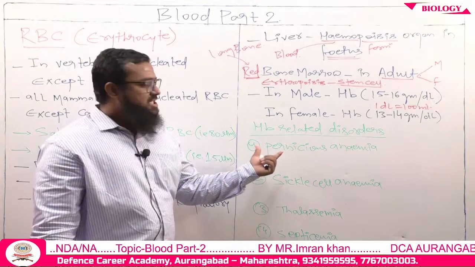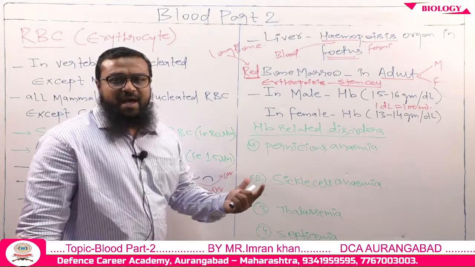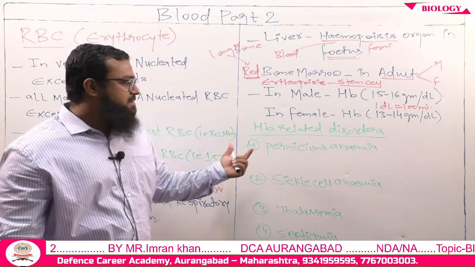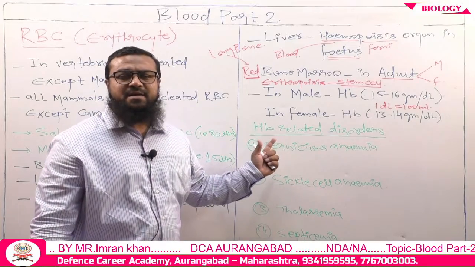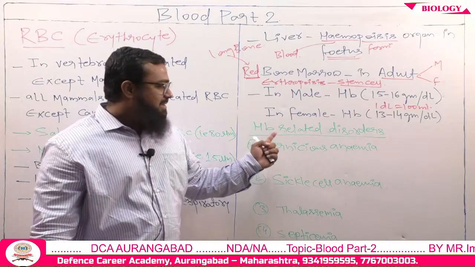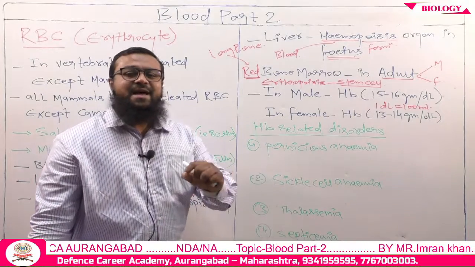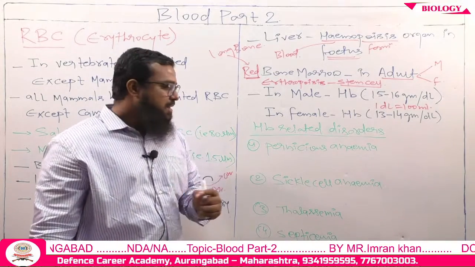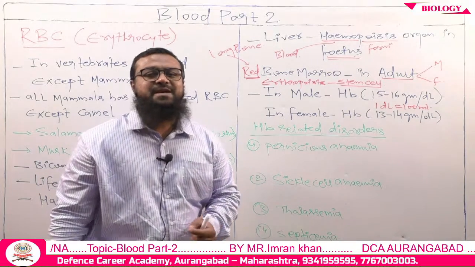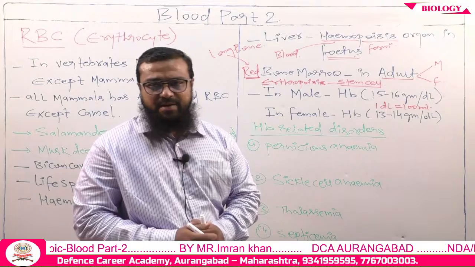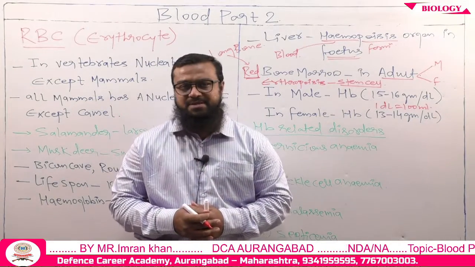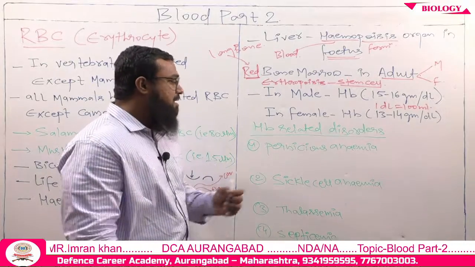Now, HB related disorders. As we all know, the RBC is having integral respiratory conjugate protein HB. So if HB decreases, or if HB is having any type of disorder or deficiency, it will directly affect the RBCs, meaning erythrocytes.